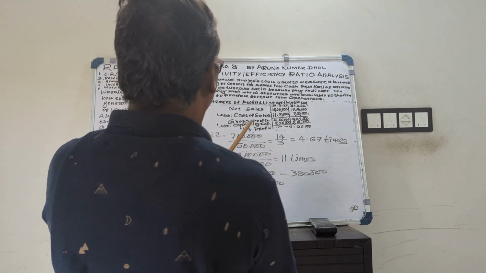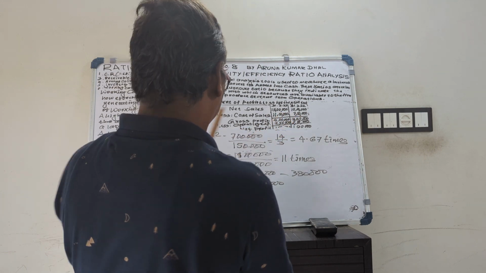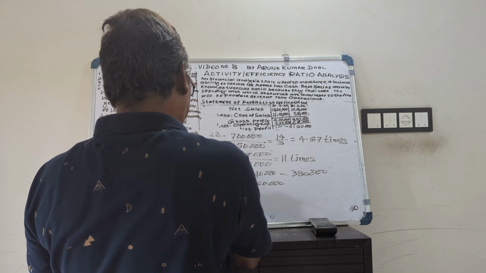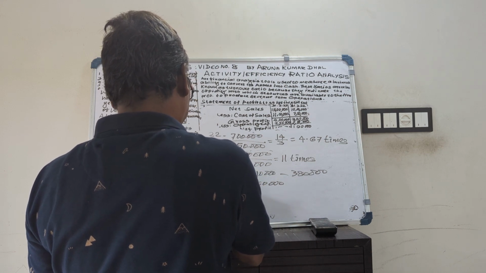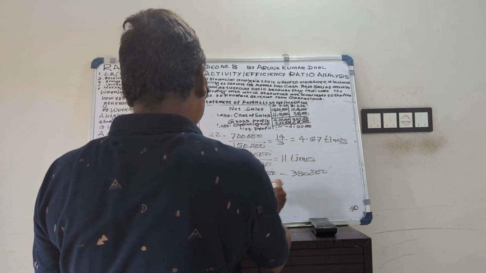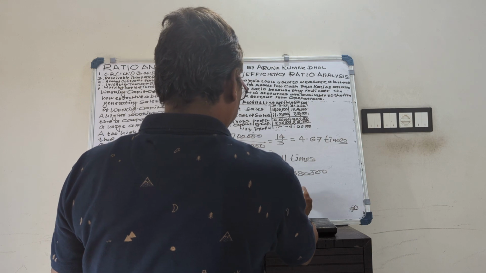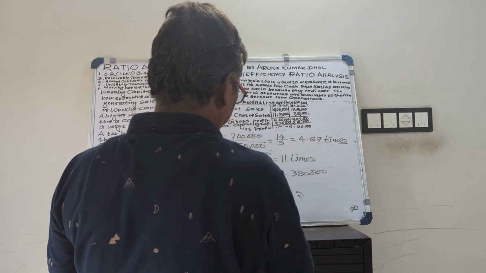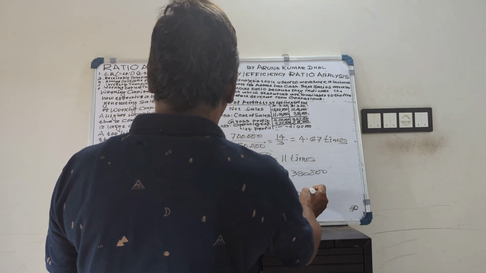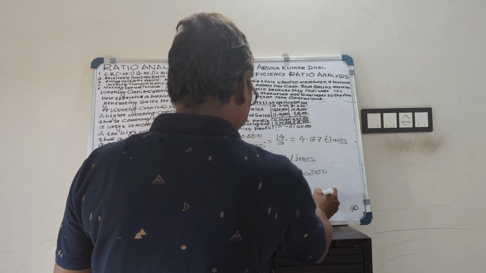Then the cost of sales is 7 lakh. 7 lakh divided by 2,60,000 is approximately 2.7 times.